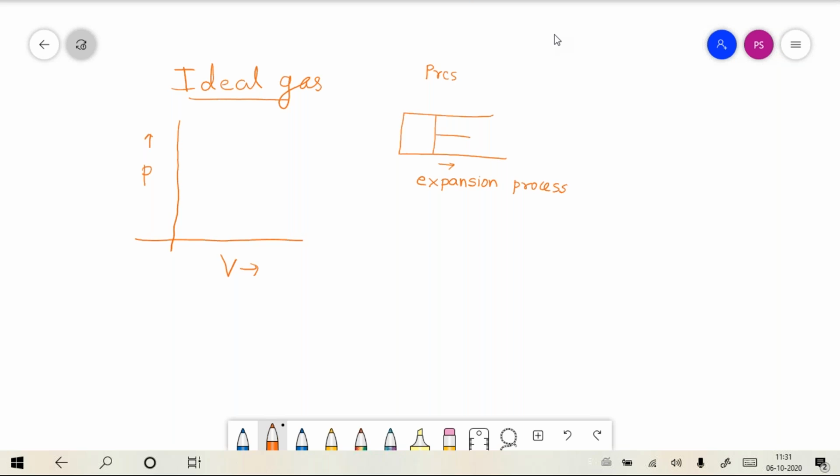This expansion is happening at constant pressure. It means that the system moves from a state 1 to a new state 2. When it's an expansion process, obviously you will have V2 greater than V1. So when there is an expansion process, V2 would be greater than V1. And when you are talking about a constant pressure process, pressure is constant.